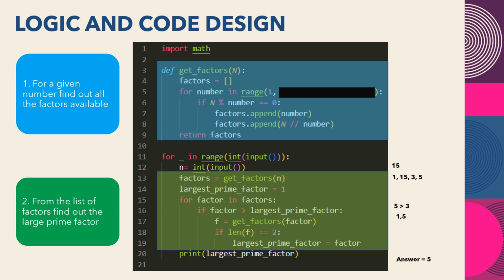Here in line 5, when you initially design this, you may type it like for number in range 1 to n, or for number in range 1 to n by 2, and you try to divide n by that number. We'll check whether the remainder is equal to 0 or not. If it is 0, then only you append it to your list. But if you do it for all the numbers, and n is a very large number, then it's difficult for you.